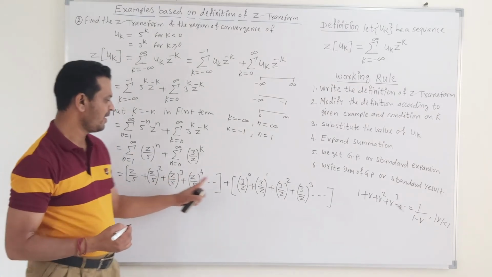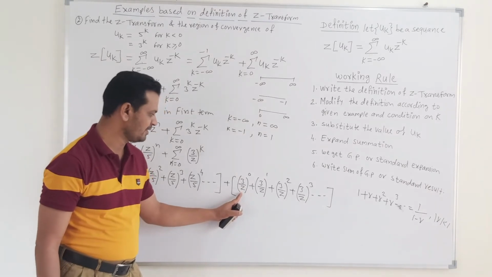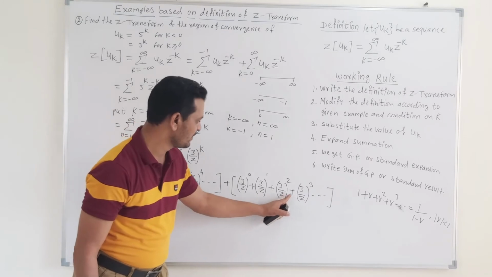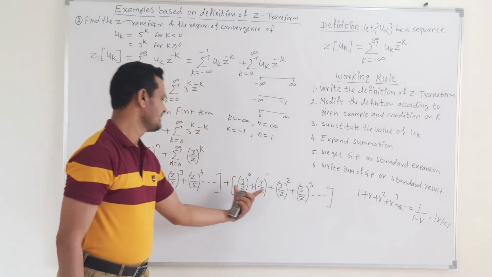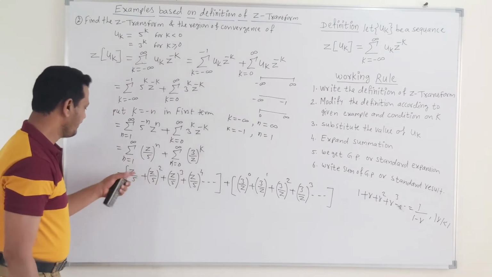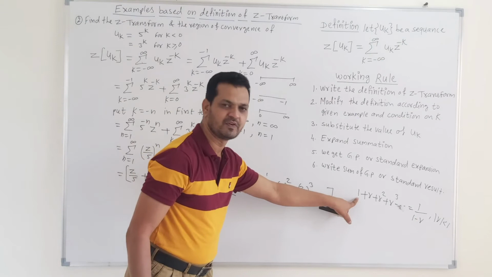Now friends, if we observe the second term, 3 upon z raised to 0 means 1, then r, r square, r cube, and so on. That means the second bracket is in geometric progression form. Here the first term is z by 5. For getting a geometric progression we require the first term as 1.